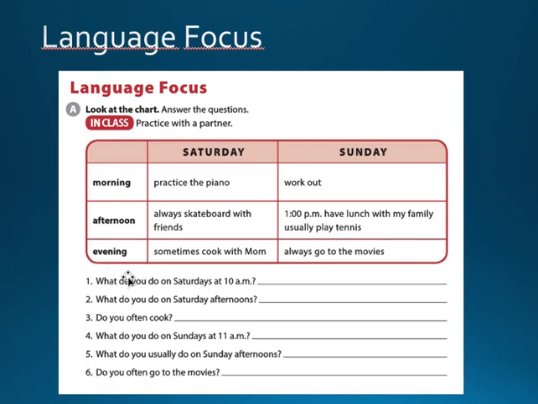So for example, in number 1, the question says, what do you do on Saturdays at 10 a.m.? First, we need to check for Saturdays. Saturdays, we have this line. And 10 a.m. fits in morning. So Saturdays at 10 a.m., the answer is practice the piano. So write the proper answer. What do you do on Saturdays at 10 a.m.? I practice the piano. Complete the following questions through to 6.